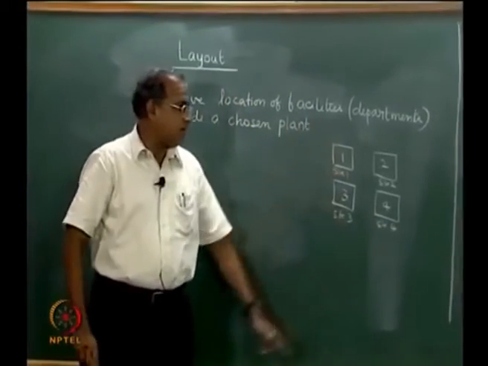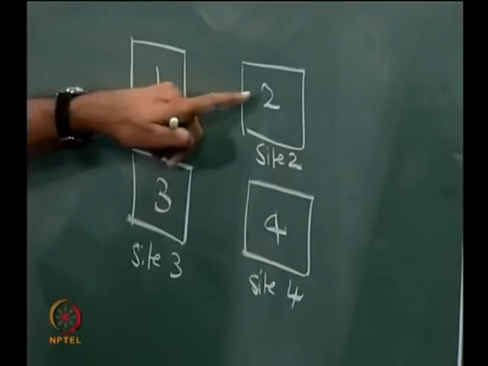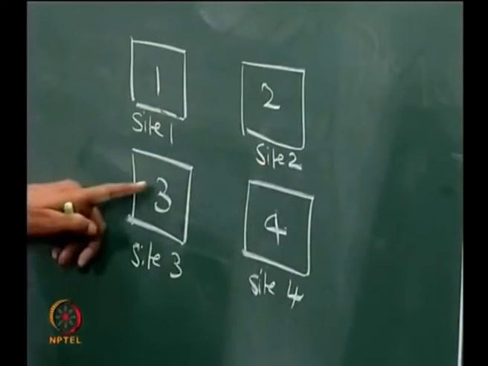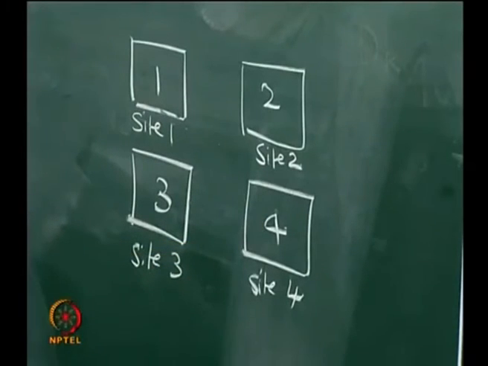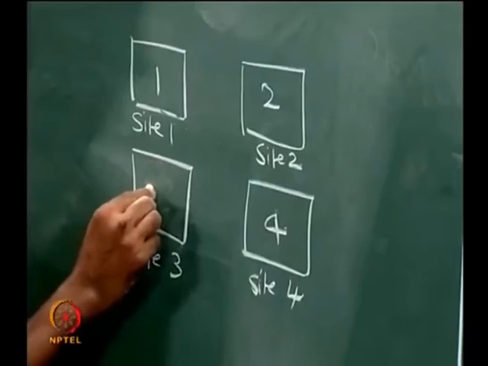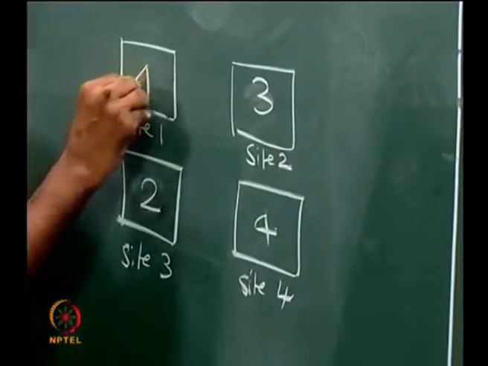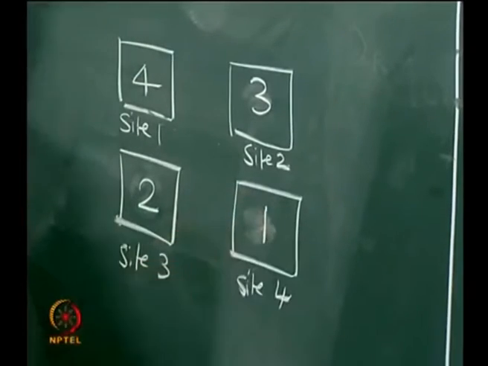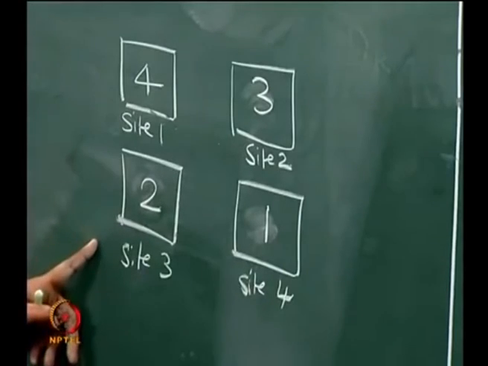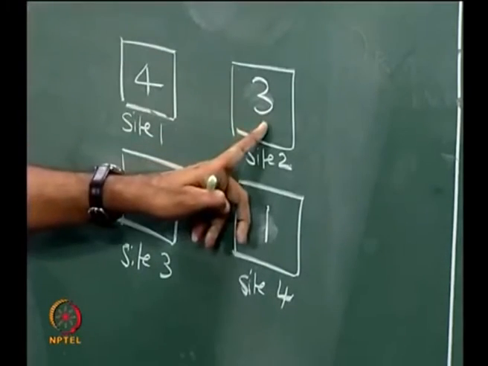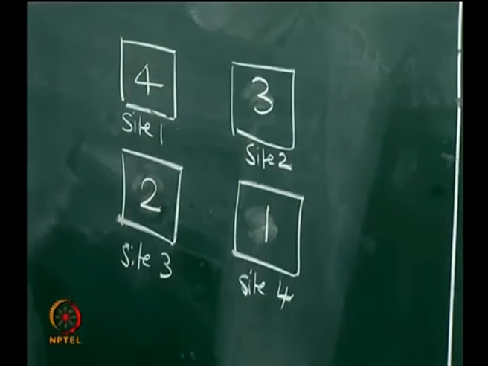So, in this example we are talking about locating department 1 in site 1, department 2 in site 2, department 3 in site 3, department 4 in site 4. We could have another situation where department 1 is located in site 4, department 2 is located in site 3, department 3 is located in site 2, department 4 is located in site 1. This is another possibility.